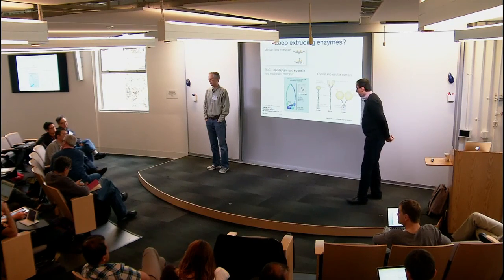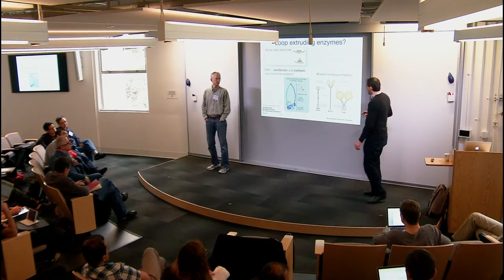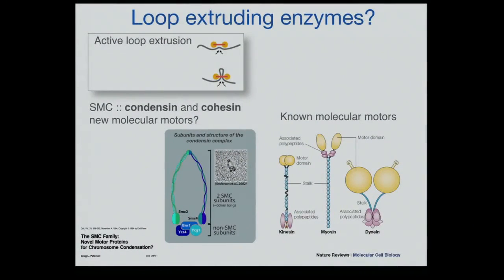That's exactly our thinking about this. In fact, if you look at these two domains of cohesin, they're homologous to those helicases that can move at a speed of 5 kilobases per second in E. coli. I don't think this moves at 5 kilobases per second because it has nucleosomes, but generally I agree that this might be a very similar mechanism.